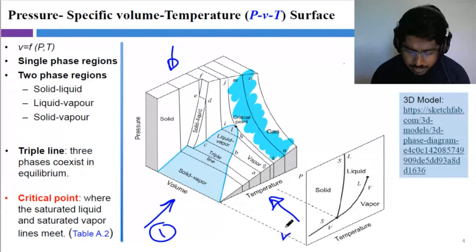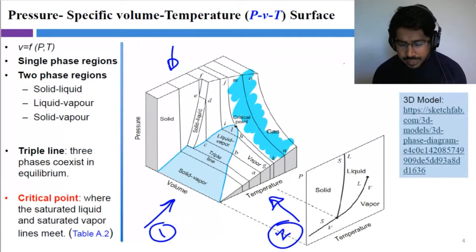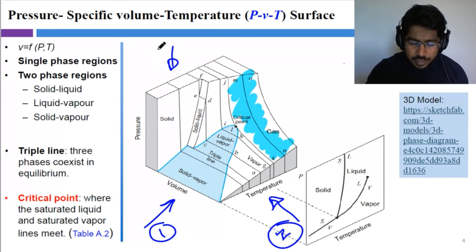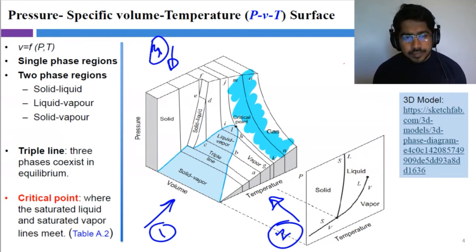If you look from angle 2, you will get a PT diagram, which is already drawn here, pressure temperature diagram. And then you look from the top here, and you get VT or TV diagrams.